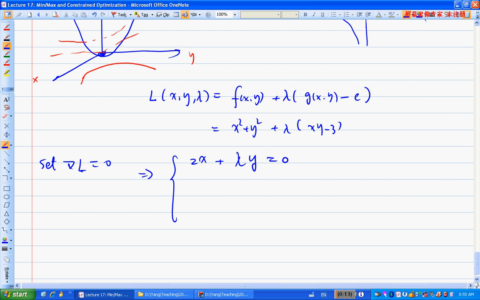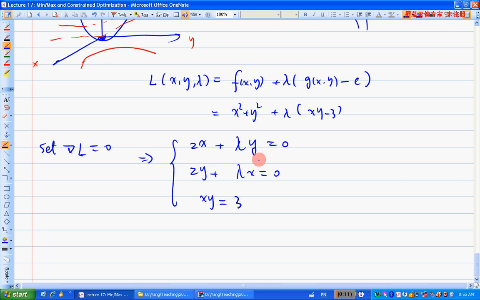Practice partial derivatives now. The partial over y: 2y plus lambda x equal to 0. And the partial over lambda is xy equal to 3.